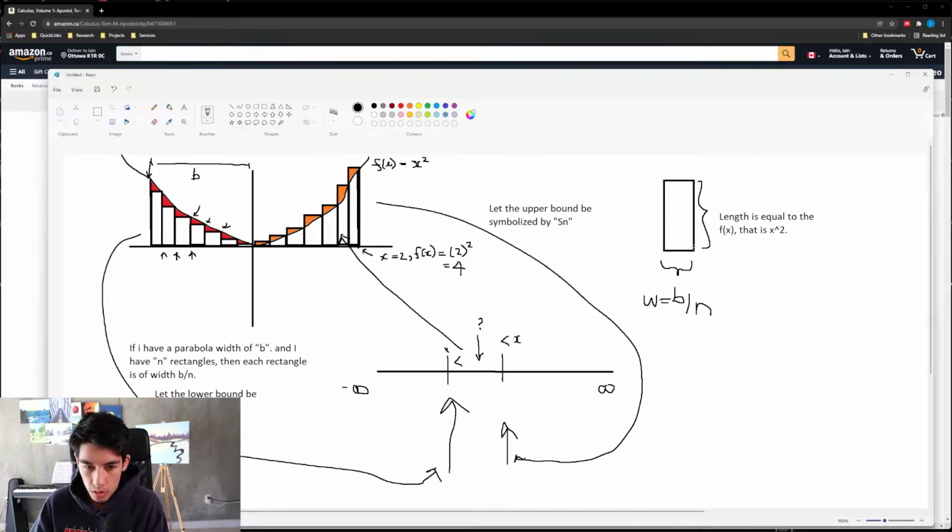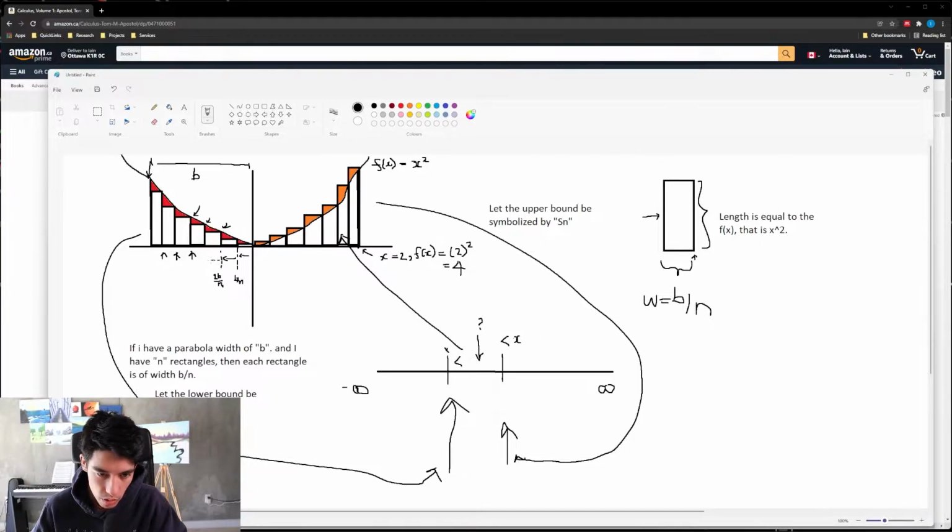So in order to calculate this, we still need to figure out what x is at this point, right? As we walk this way, we know that up to here is b over n. If we walk some more, this turns into 2b over n.